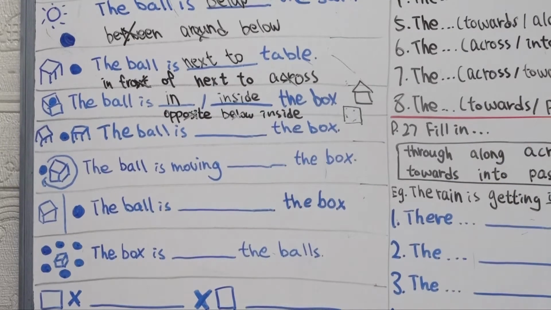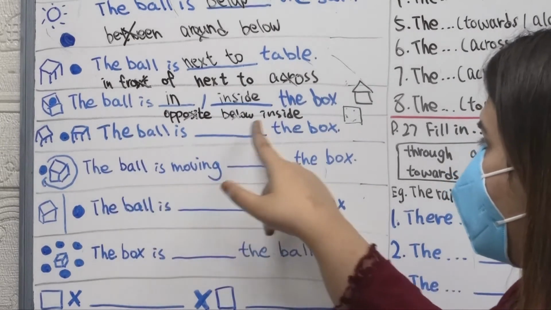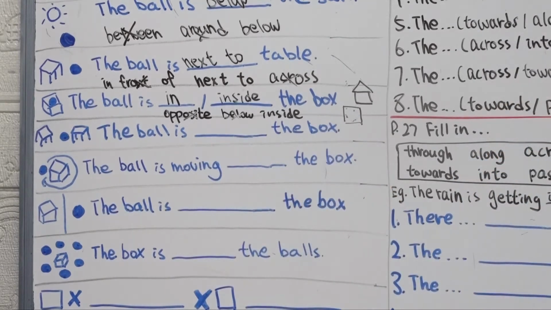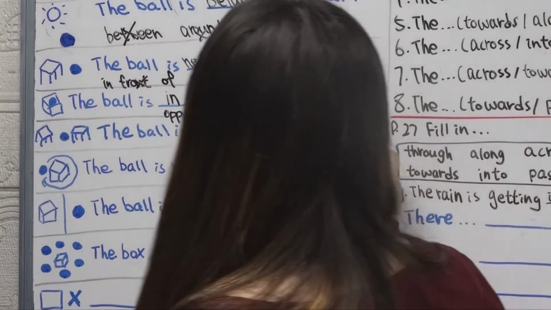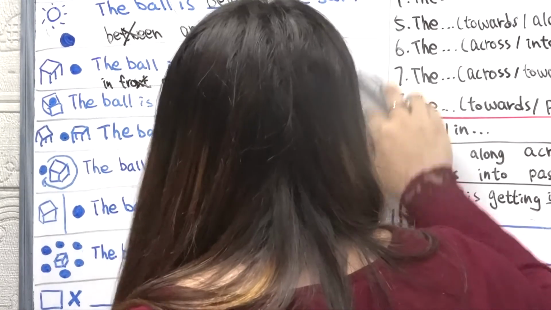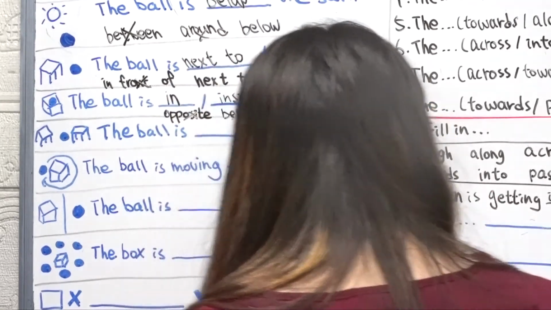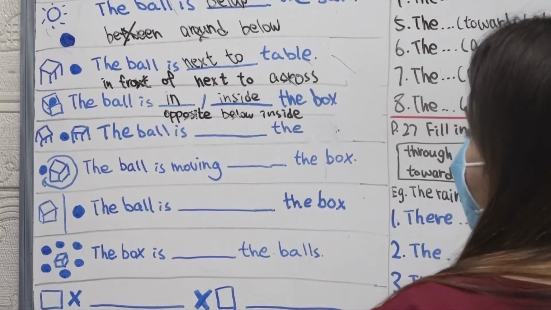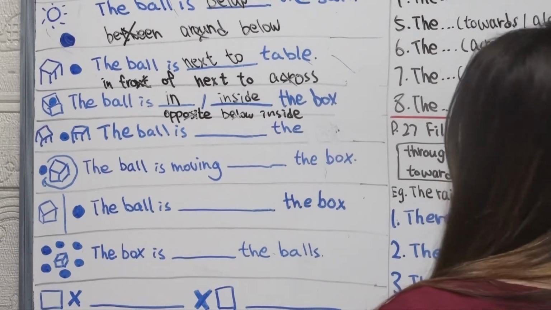Next one. The ball is what? The box, yeah? Alright. How many tables can you see? They are not box, sorry. They are tables. So let me erase that so you don't get confused. The ball is what?